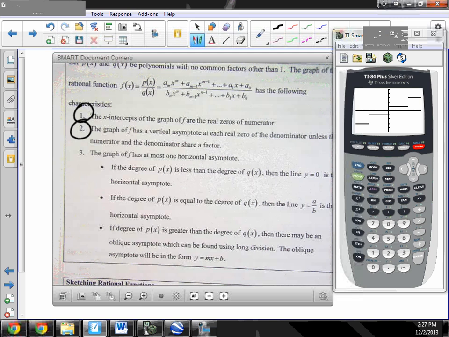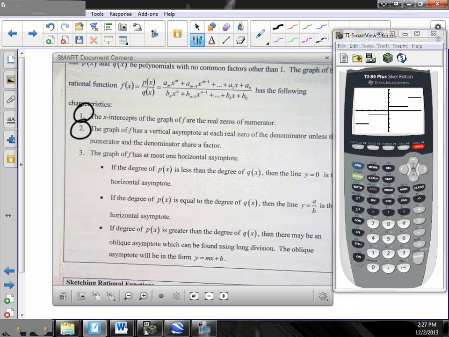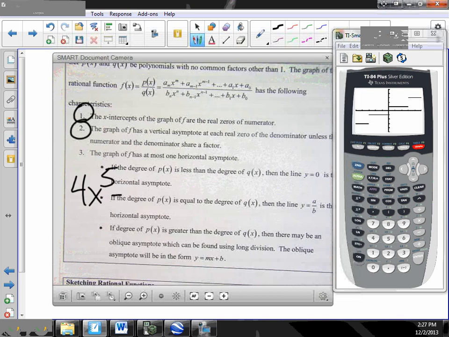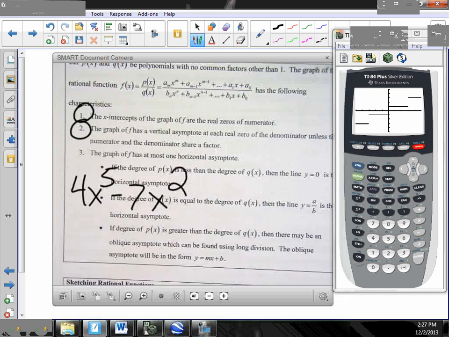Number 3, the graph of the function f has at most 1 horizontal asymptote. Okay? Does anybody remember what the word degree means when talking about polynomials? If I had 4x to the 5th minus 7x squared, what is the degree? This is the degree.